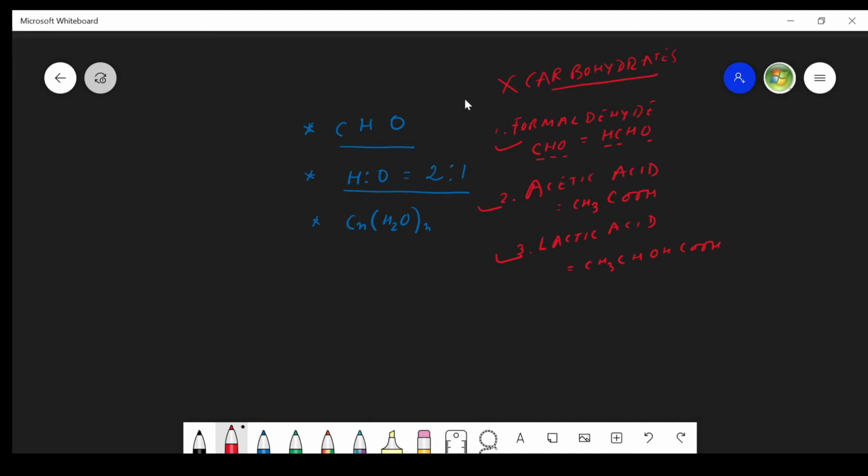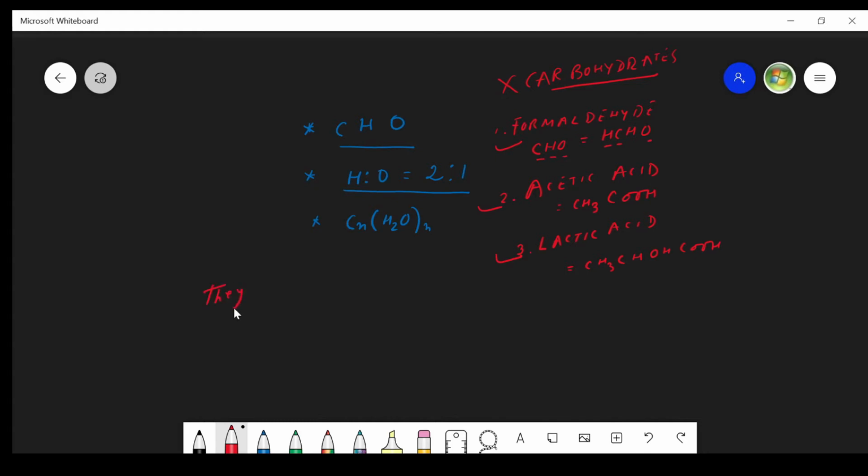So what is the reason? As I said, they are made up of carbon, hydrogen, oxygen, and the simple ratio between hydrogen and oxygen is 2:1. The general formula is CnH2O whole N, but there is another thing which has to be present to satisfy the definition of carbohydrates. Actually, this is the must one. What is this one?